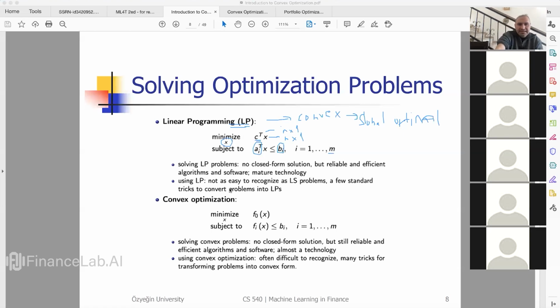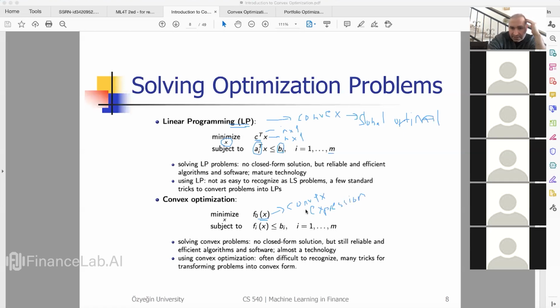Another thing is convex optimization. In convex optimization, we minimize f0(x). Here f0(x) doesn't need to be general, but needs to be a convex expression.